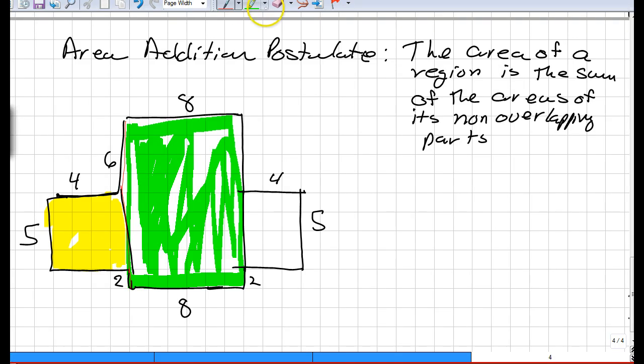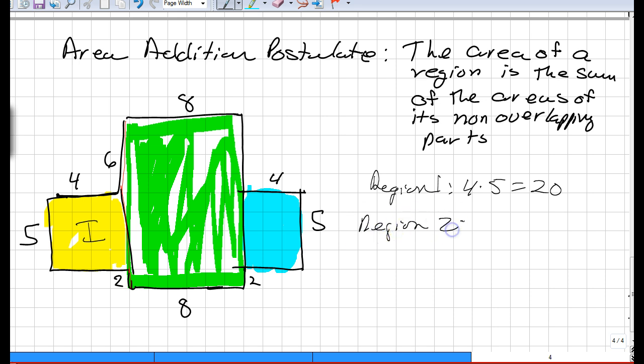And then I have a third region that is again a 4 by 5, okay? And so this postulate just says that I can find each region individually and then just add them up. So region 1 is 4 times 5, or 20. Region 2 is, we said, 8 by 13, or 104.